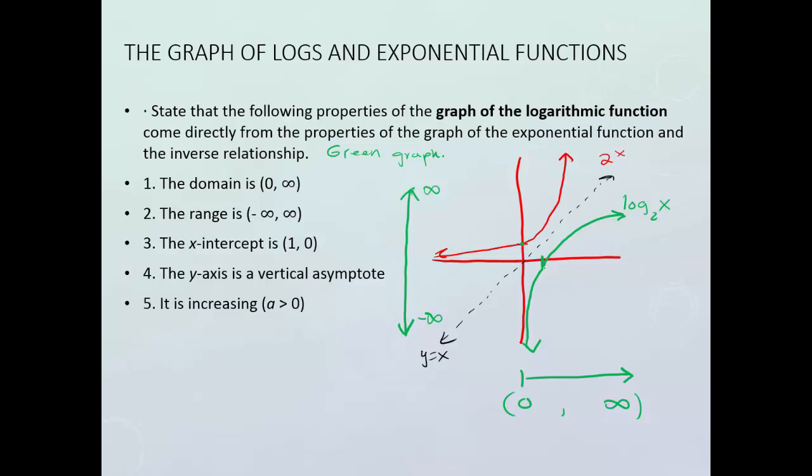The x-intercept we see is right here. The x-intercept is (1, 0). The y-intercept, it doesn't cross the y-axis at all, so we have the y-axis as the vertical asymptote. It doesn't cross that vertical asymptote. And lastly, it is increasing on the entire interval, so it's increasing on this interval.